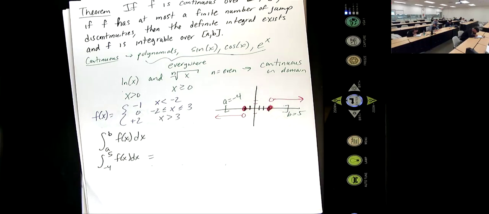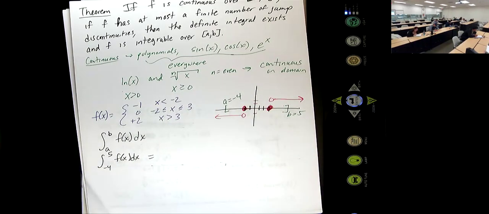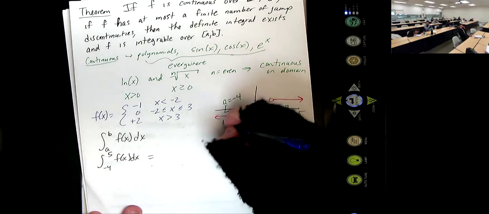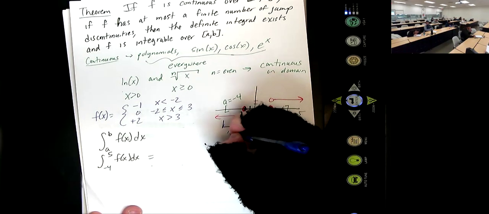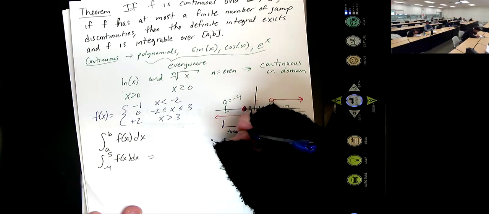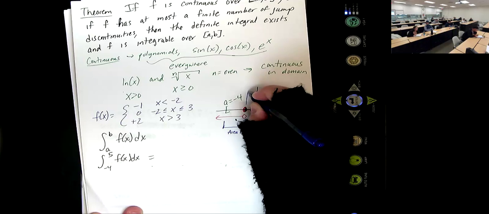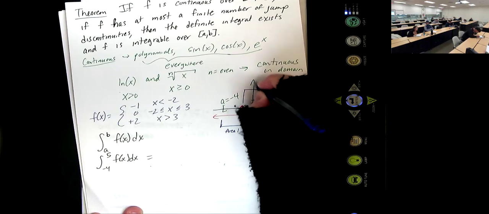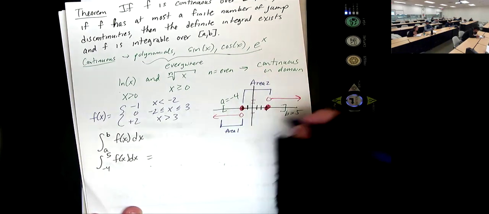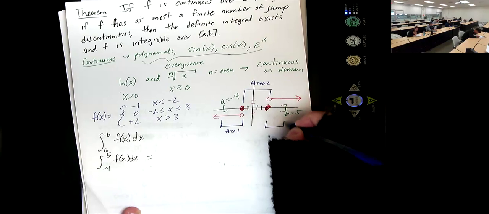This has different values over different regions. So what we can do is treat this as 3 areas. We can treat this as area 1, this area as area 2, and this area as area 3.